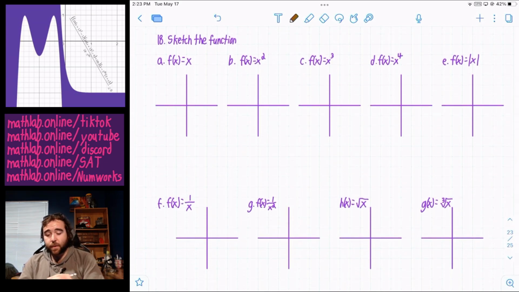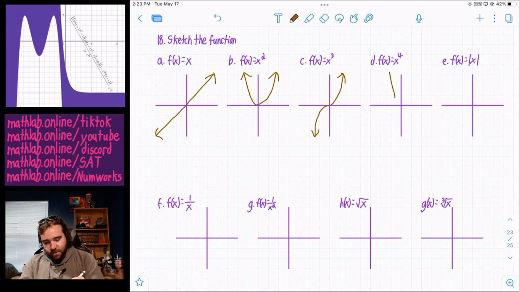So first off, we got the parent functions, the parent graphs, and we just got to know those. So that's a straight line, that's a parabola, this is our cubic function, which is our little s. This is like a parabola but flatter at the bottom. It's a very subtle difference. This is our v.